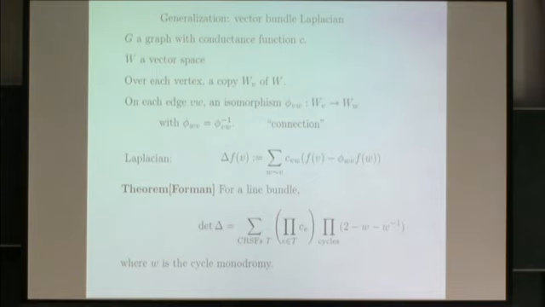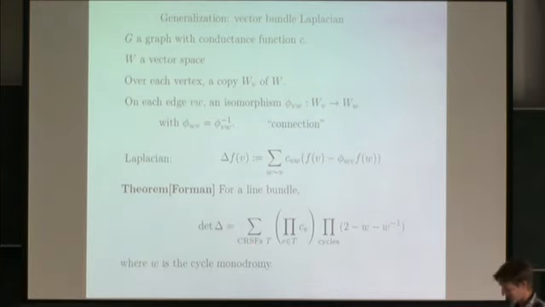It's just multiplication by a non-zero number, real or complex, depending on whether you're dealing with real or complex vector spaces. And in this case, the determinant of this line bundle Laplacian has a combinatorial interpretation, which is also counting some tree-like objects.